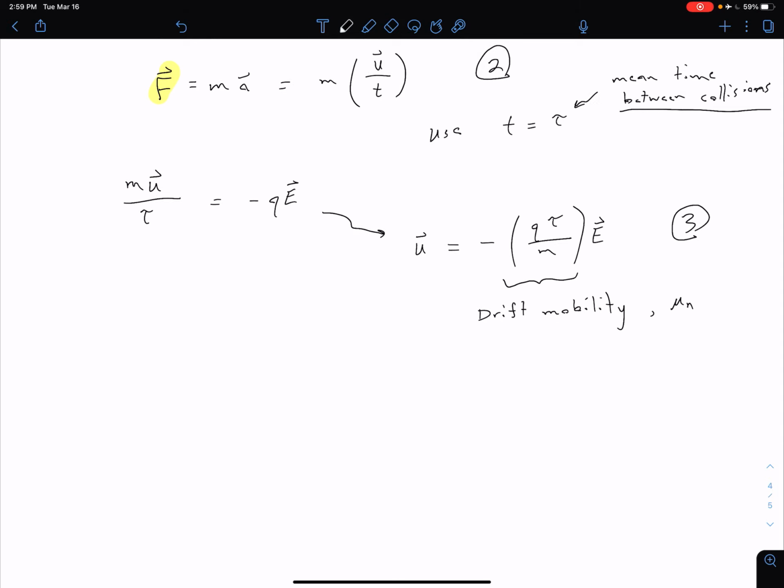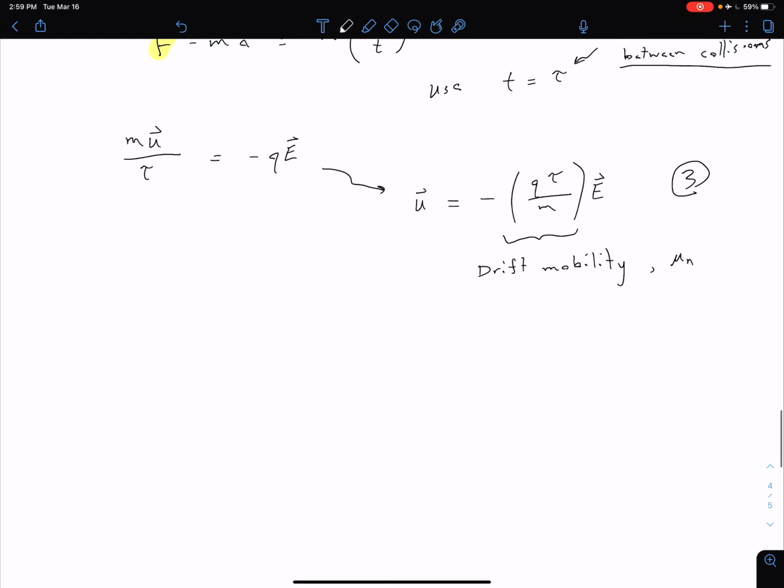Of course, we don't just have one electron, we have a lot of electrons. So let's say we have n electrons per unit volume. For n electrons per unit volume, we can talk about the charge density.